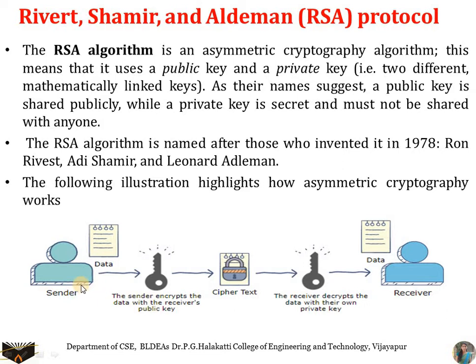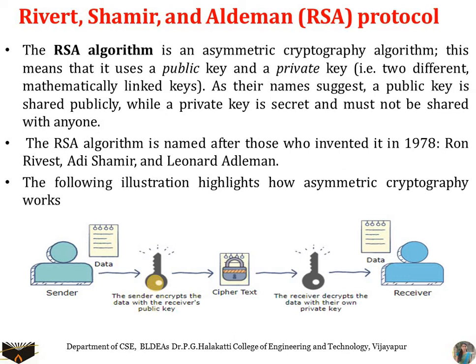So the sender encrypts the data, whatever they are going to send, using the receiver's public key. When it is encrypted, it is converted into a ciphertext and this ciphertext is transmitted across the network. Whenever the receiver receives that message, it is decrypted using the private key. Whenever you encrypt the message with the receiver's public key, it can only be decrypted using the receiver's private key.